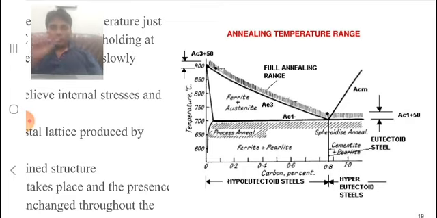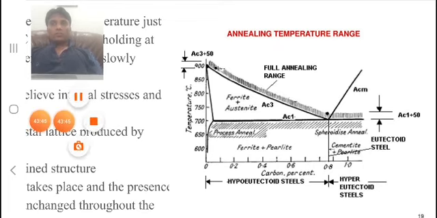The important factor that we need to observe is that the fine grain structure will be changed to a coarser grain structure because of slow cooling. So slow cooling will give the grains sufficient time to grow. That is the main reason why the grain structure is coarse in annealing.